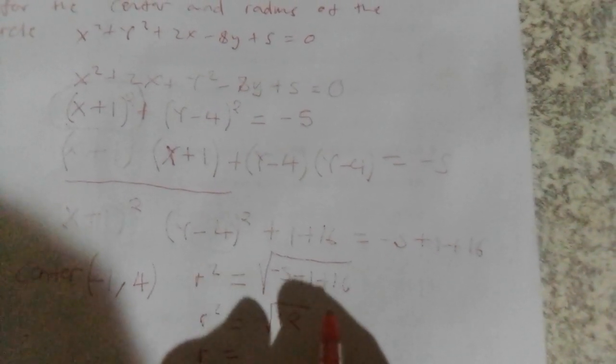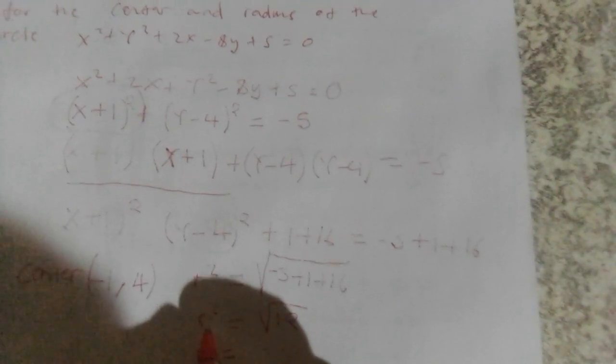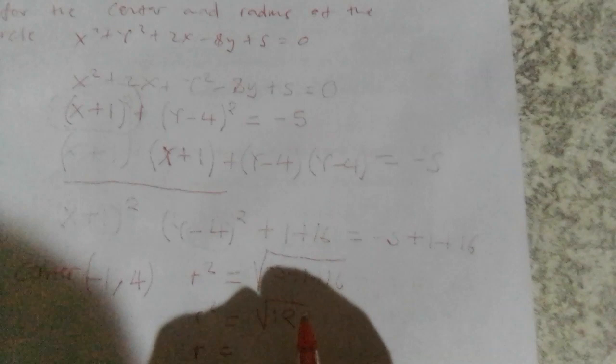The square is the same as a power of 1 over 2, so we divide by the power 2 over 1 on both sides, which gives us r is equal to 12. So you can see, guys, we have the center at (-1, 4) and the radius as 12.